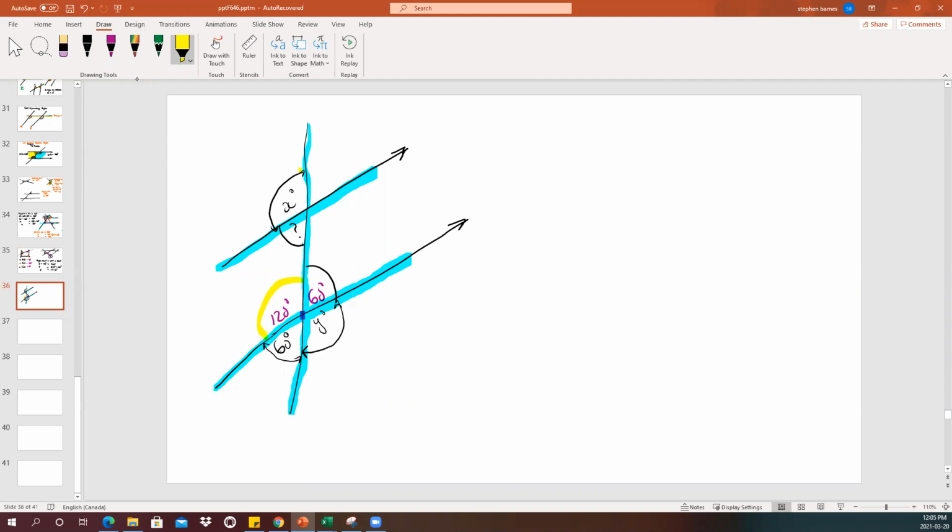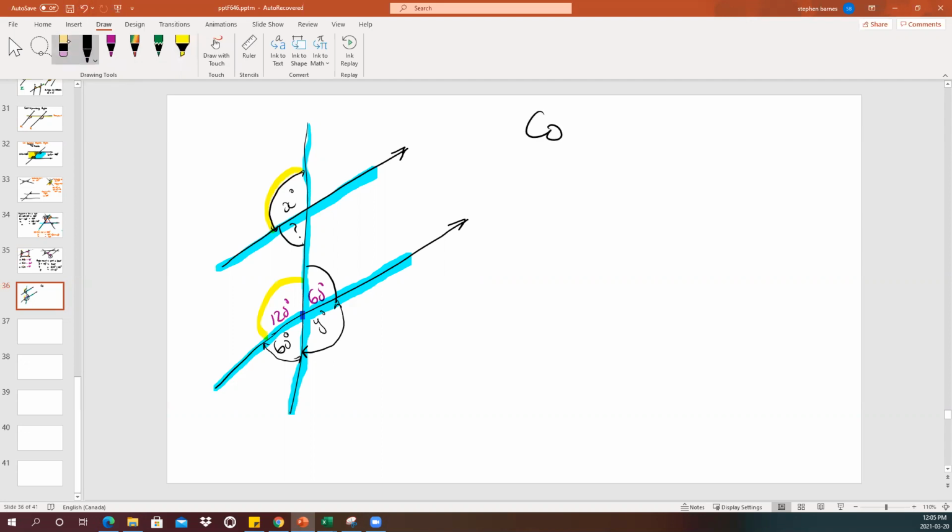is corresponding to this angle here, which is our X angle. It's corresponding. So this 120 is on top of this parallel line, and our missing angle is also on top of the other parallel line. So it is corresponding, and corresponding angles are equal.